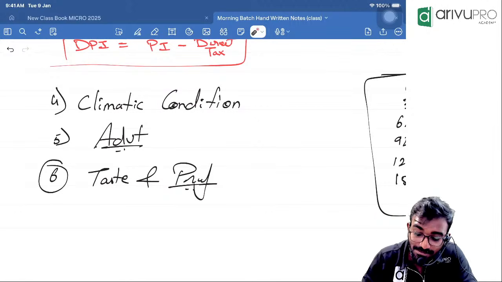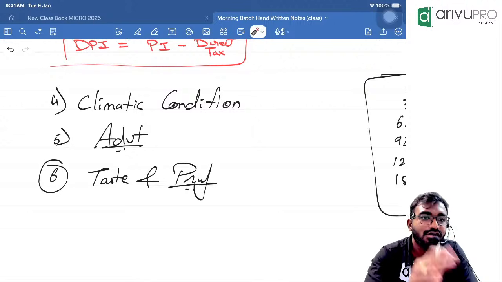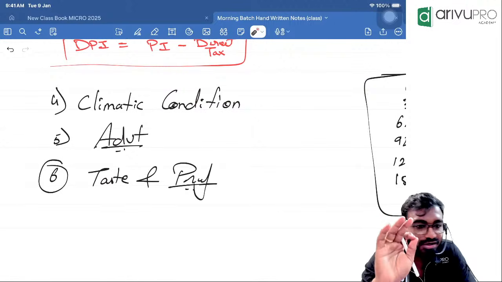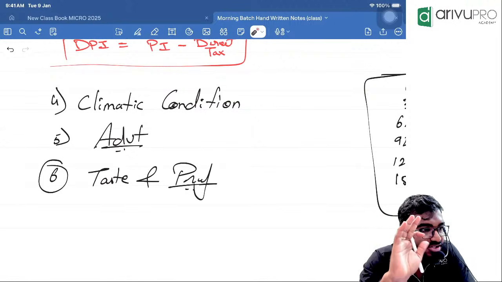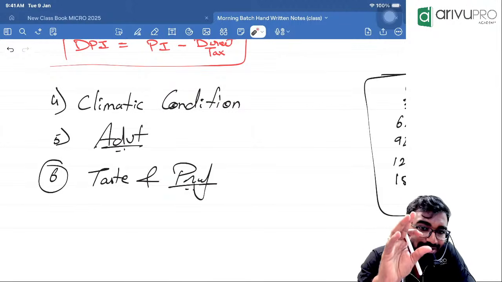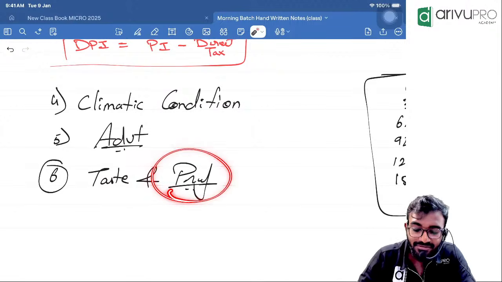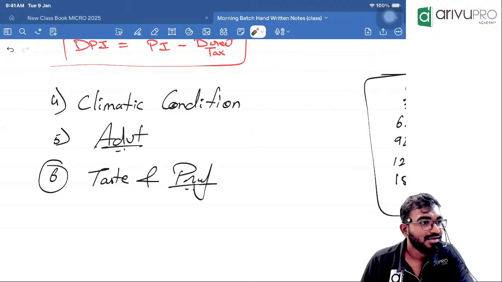Why? Because of people's preferences. That veg burger of McDonald's is nothing but a sasta version of vada pav. There is already a culture of vada pav in India, especially in Maharashtra and North India. They adapted the same vada pav and made it a veg burger, because people prefer which burger? Veg burger.